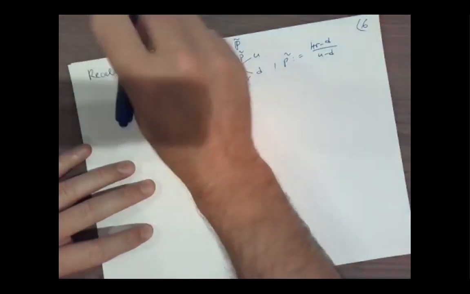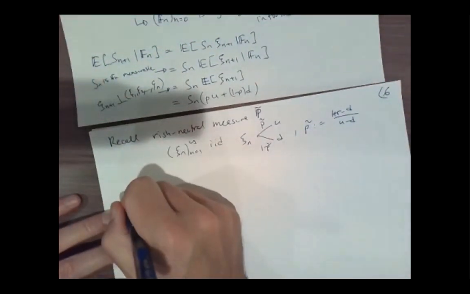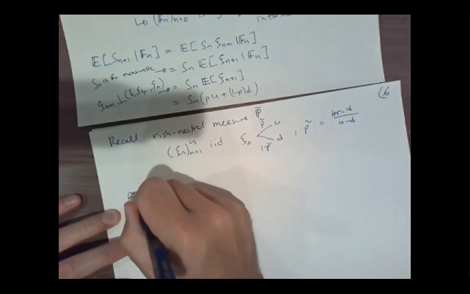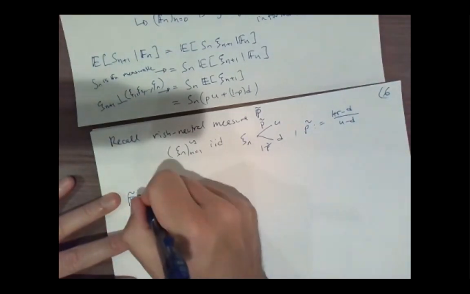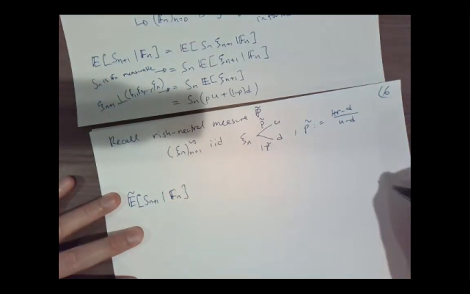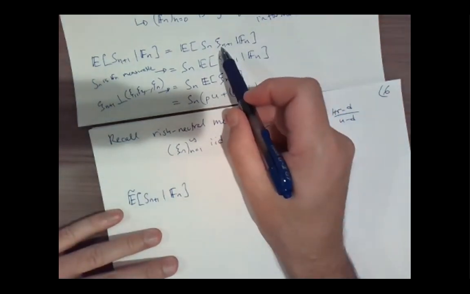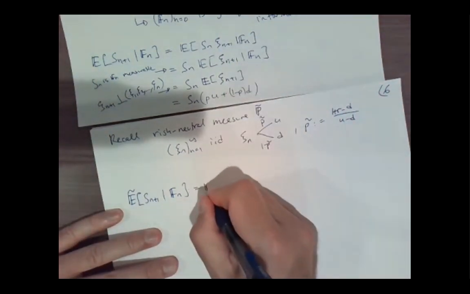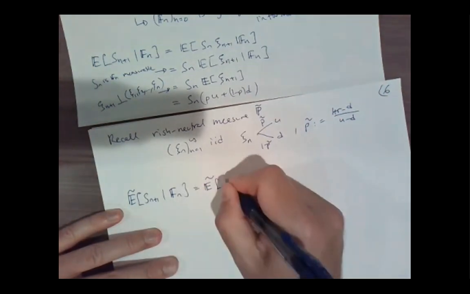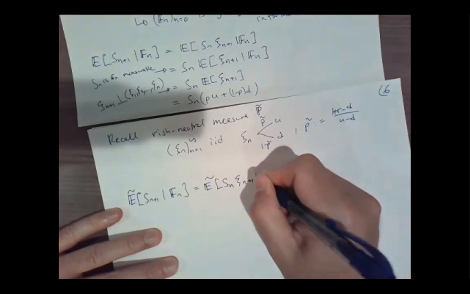So let's try this one out. I want to compute exactly the same thing, just under a different measure. Expectation, now under the tilde probabilities, of Sn plus 1 given Fn. So we'll proceed as before. Insert the definition of Sn plus 1. This is Sn times psi n plus 1 given Fn.